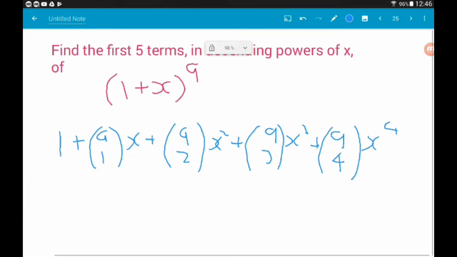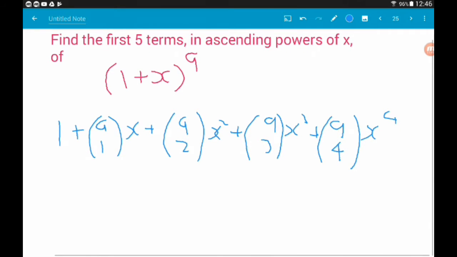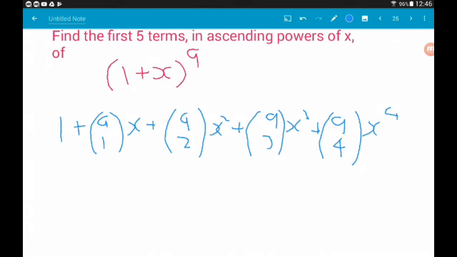So then we don't want to leave the chooses in choose form. So now it's calculator time, work out what the chooses are. So we got 1, 9 choose 1 is just 9, any number choose 1 is that number itself.